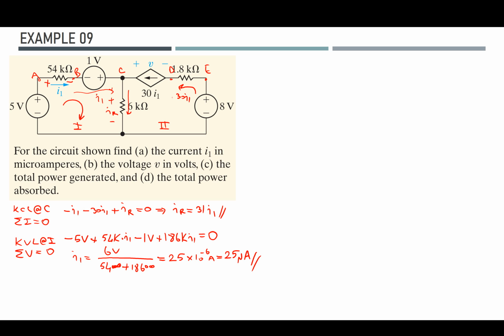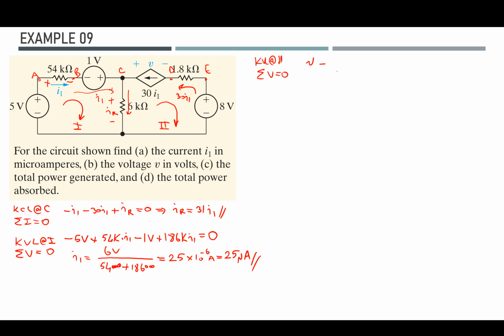So if I go clockwise and apply my KVL at the second loop, the total voltage drop should be equal to 0. I'm rotating in this direction. The unknown voltage is positive, so I take it as is. Then since the reference direction in the 1.8 kilo ohm resistor is opposing me, it has to be a negative sign.